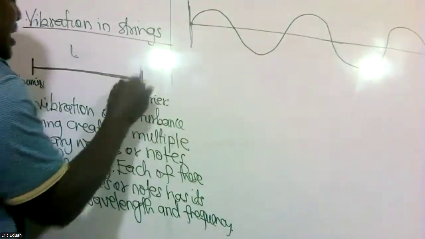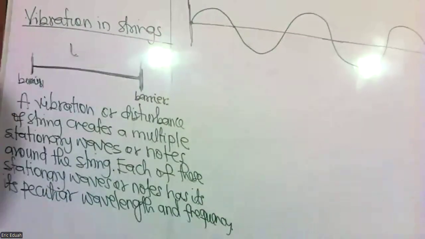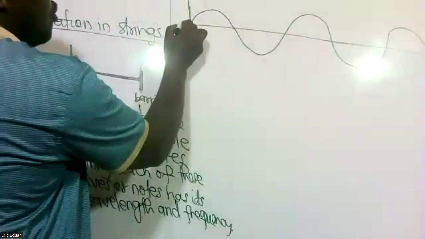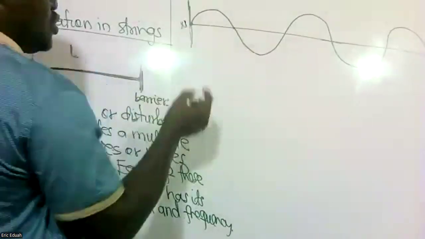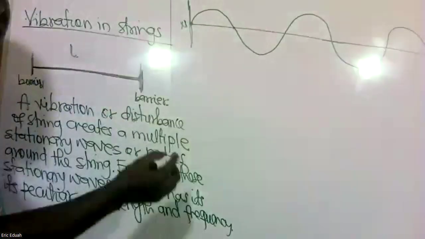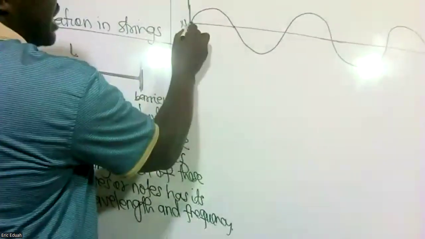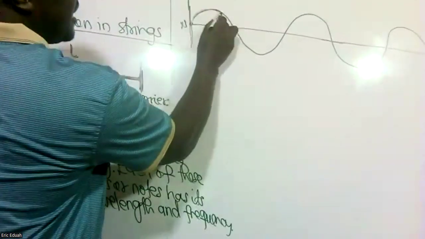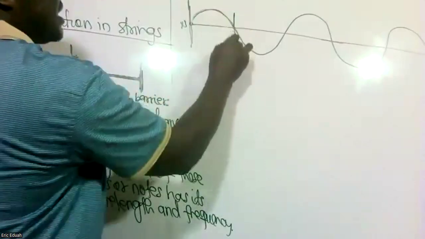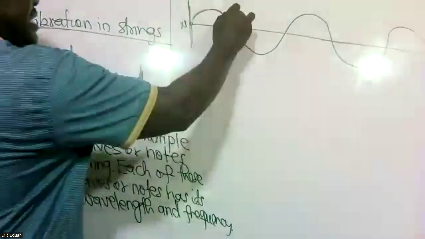Once there's a barrier, we start from a node and end with a node. So it's as if the second barrier is here.